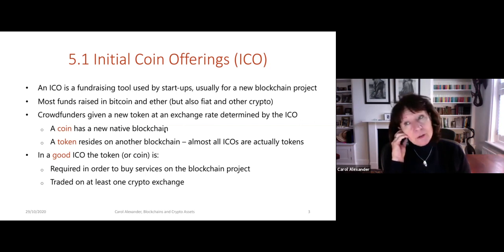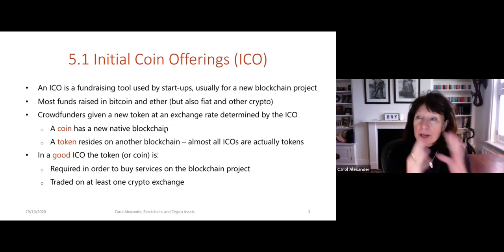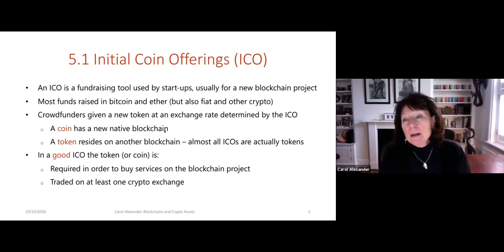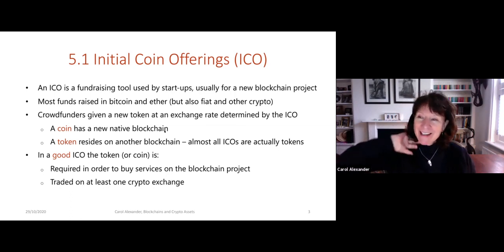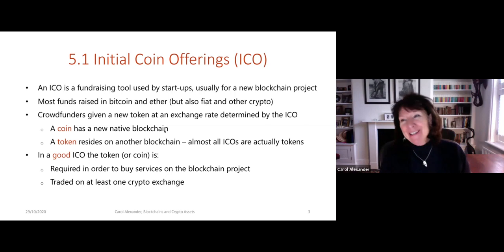So the idea is that if you're a crowdfunder, you're given a new type of token in exchange for your Bitcoin or Ether or fiat. And the exchange rate that you get, the number of coins you get for 1 Ether, is determined by the way that the initial coin offering goes, a little bit like an IPO, an initial public offering. More about those in my other modules or talks. But I will be comparing the properties of initial coin offerings and IPOs later on in this lecture.